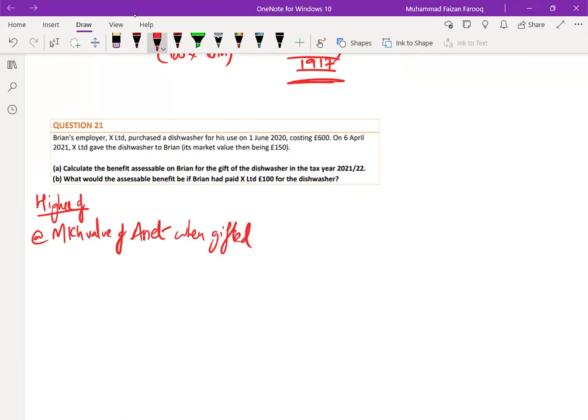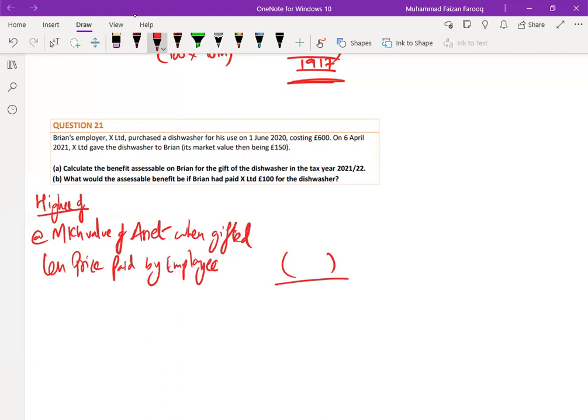And if the employee is paying some amount, price paid like a contribution by the employee, it will be deducted. Now let's see with the question, then it will be more clear. Brian, employer X Limited, purchased a dishwasher.